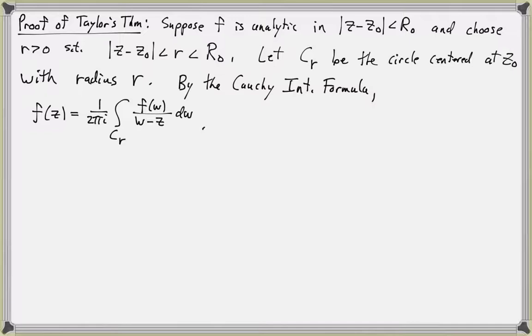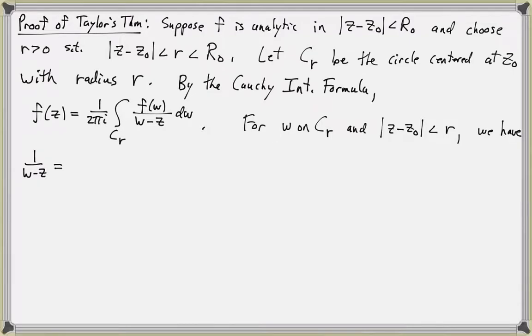Now I'm going to expand the denominator 1 over w minus z as a power series. For w on the circle C sub r, and z at distance less than r from z0, we can represent the fraction 1 over w minus z in the following way.